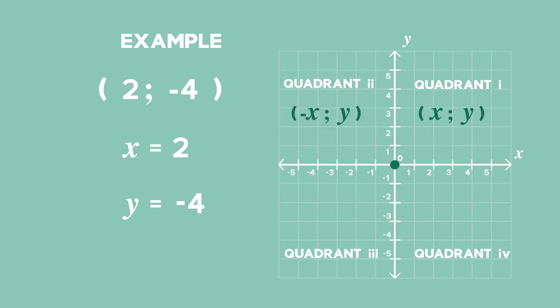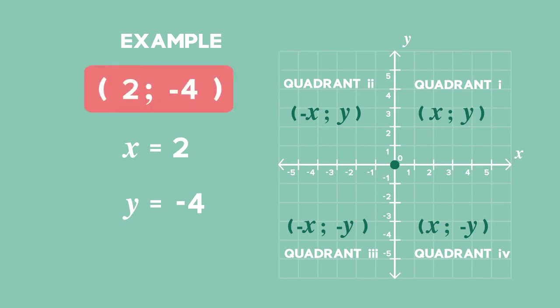In your third quadrant, x is negative and y is negative. And in your fourth quadrant, x has positive values and y has negative values. So as you see, the Cartesian plane has separate regions which we call quadrants. The quadrant that you are in will tell you what the sign of x is and what the sign of y is.